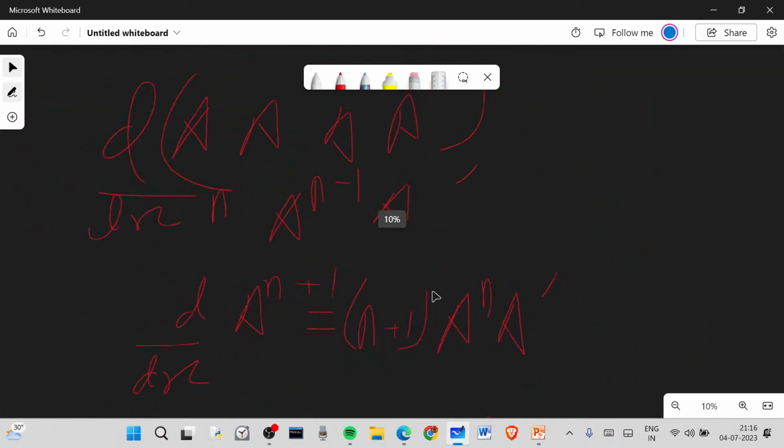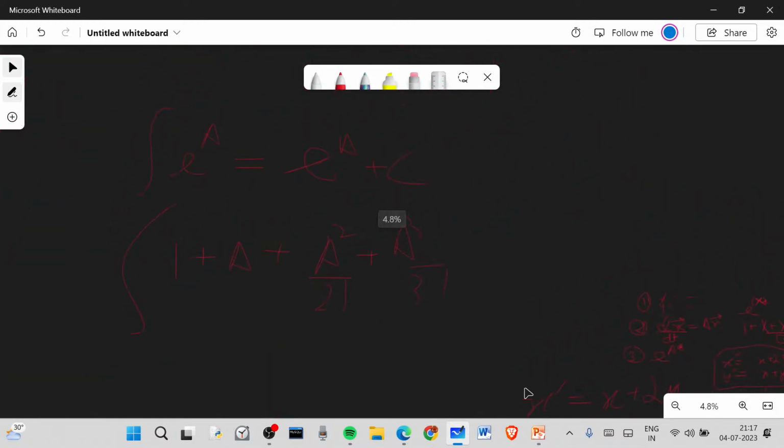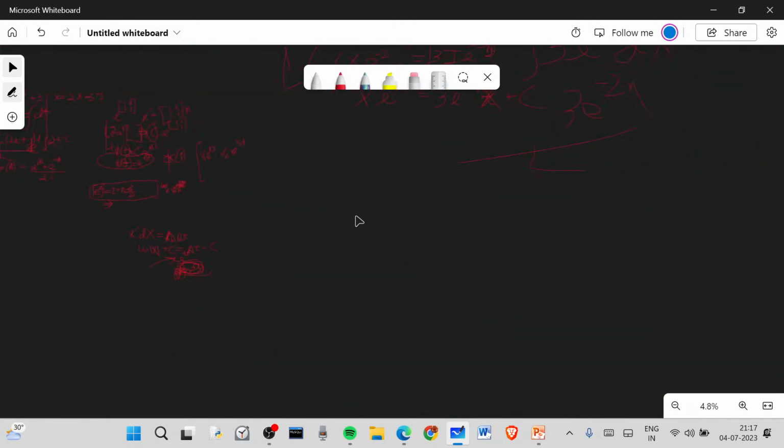So it seems like I can write this thing over here. But yeah, there is one more thing which I was missing, that we have to multiply by A dash because we are taking the derivative with respect to x.